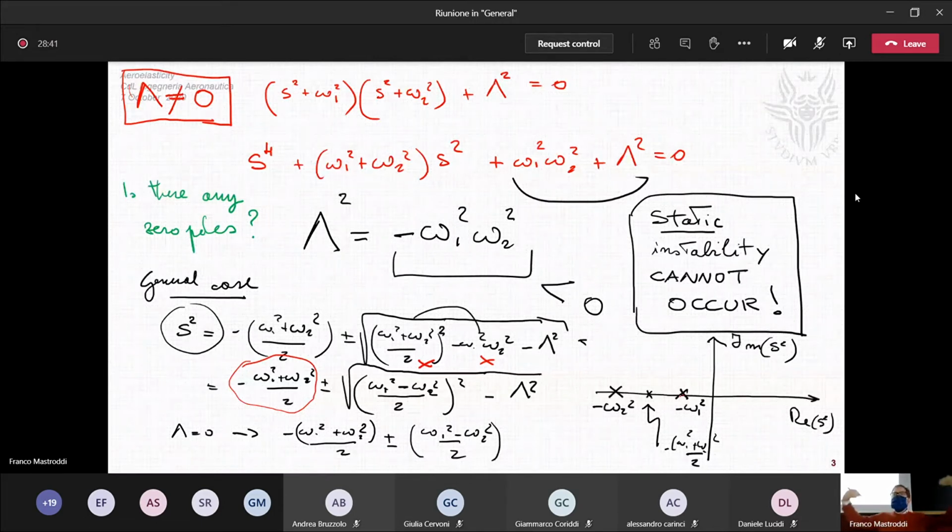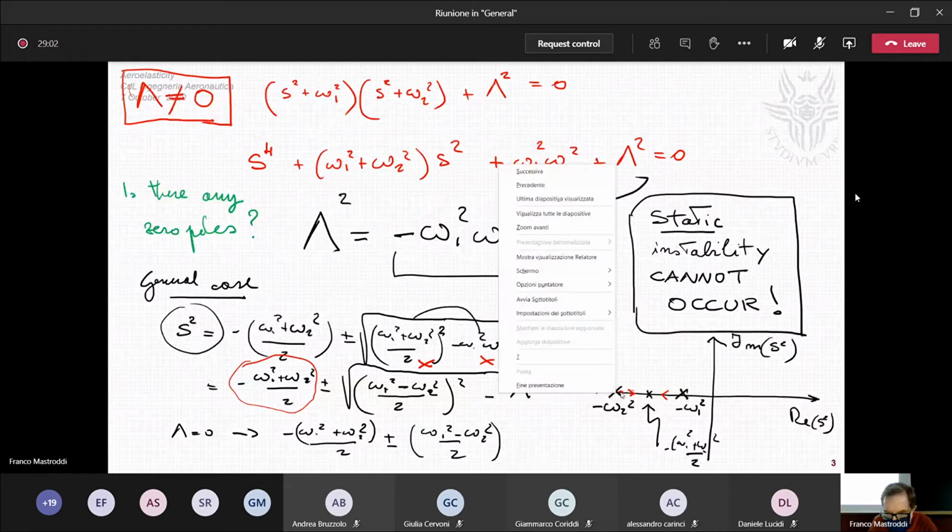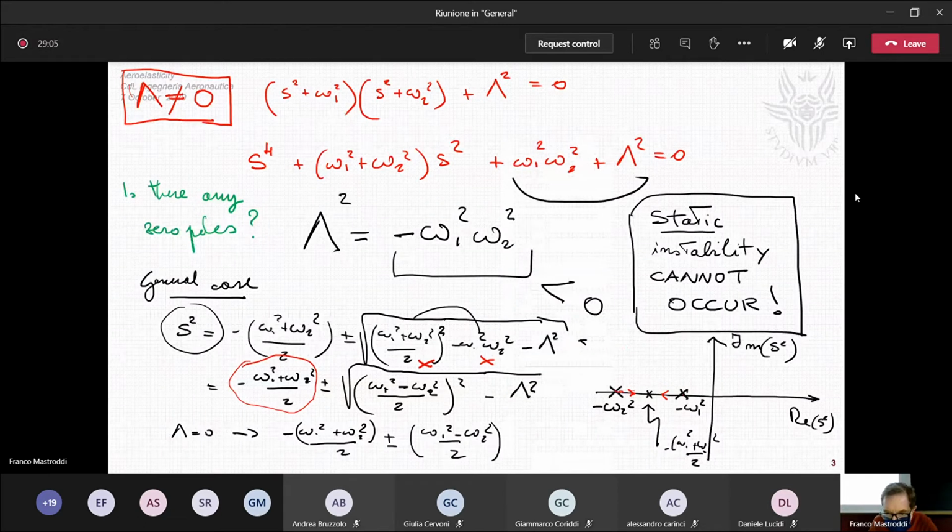But when you increase lambda, this quantity is less and less, and therefore your two roots are currently and symmetrically moving in this way. So for lambda equal to 0, you have a root here, and then this root moves toward this average point. We are describing the root locus in lambda.